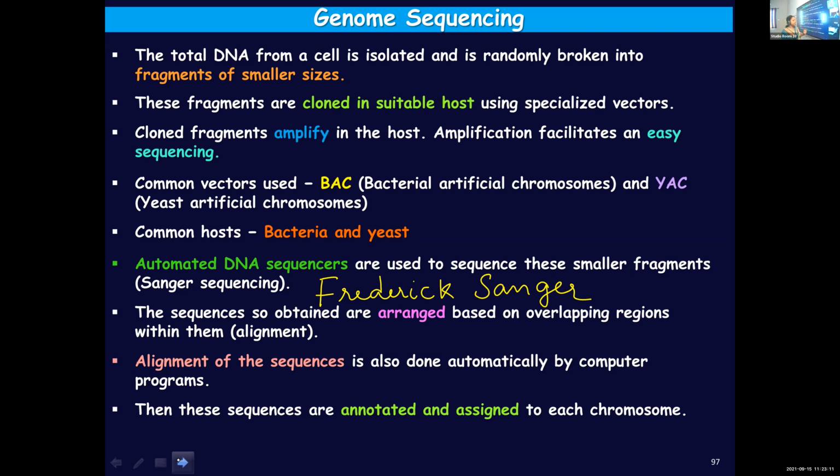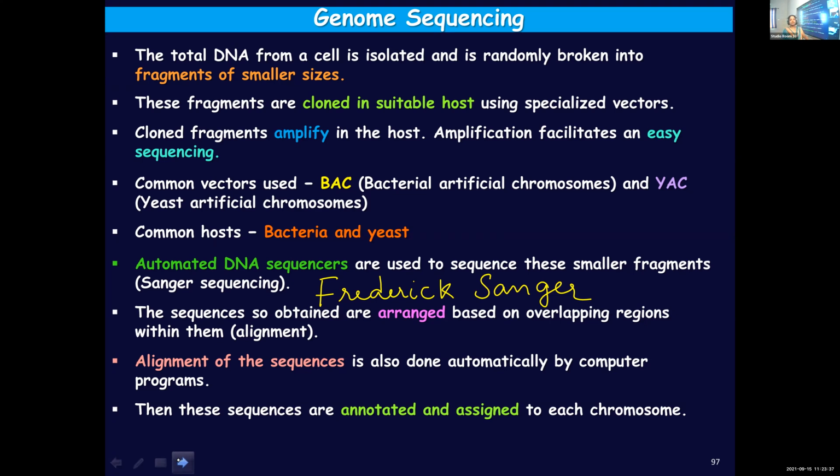So after the sequences are arranged with the help of computer programs, then each sequence or the different regions of the sequences are annotated. Their location is identified and their function is determined. What function do they perform? And then it is assigned to each chromosome. You know that there are different chromosomes.